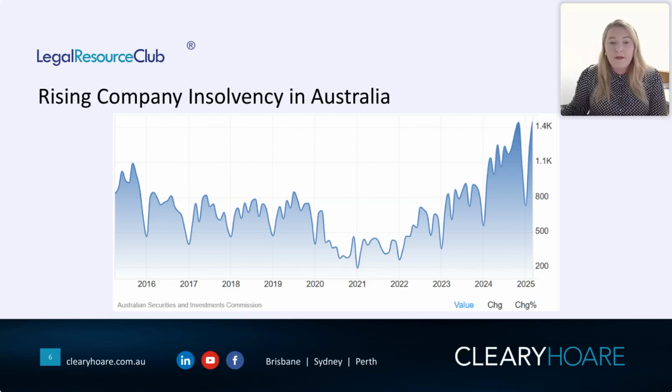But we can see that after COVID, from 2021 onwards, we've had a very sharp increase in company insolvencies. So you can see in 2025, we're well above the position that we were at in 2016. So much like individuals, we've got a lot of companies going under, going insolvent, and that's also projected to keep growing and increasing in the years to come.